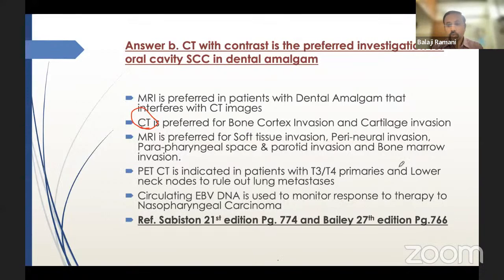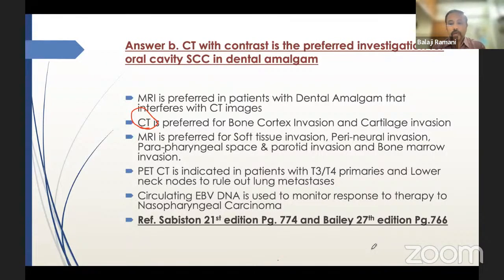If they ask you for cortex or for cartilage, for lymph nodes in head and neck, which is superior, neither CT nor MRI is actually very good. There is no real difference between the two as far as the lymph nodes are concerned. None of the investigations is actually good enough.